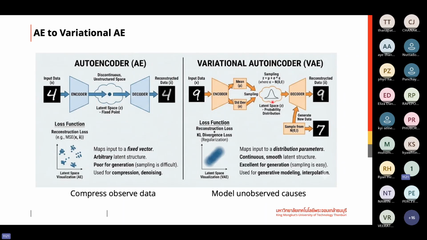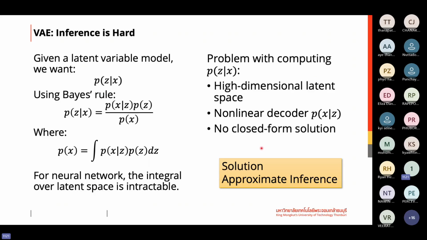It allows the VAE to generate results that have variation but keep the same concept, more consistent output. Okay, so this is the way it is done. Right. It can model an unobserved cause, an unobserved event, while AE is used for compression. We will look at the concept of VAE throughout to the end, and then we will switch to the code later on.